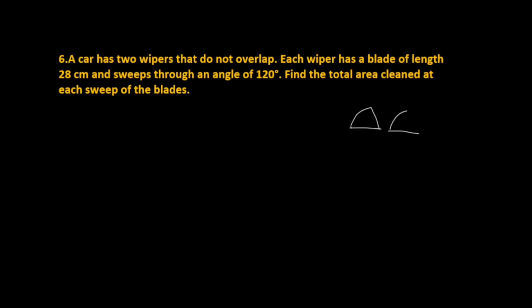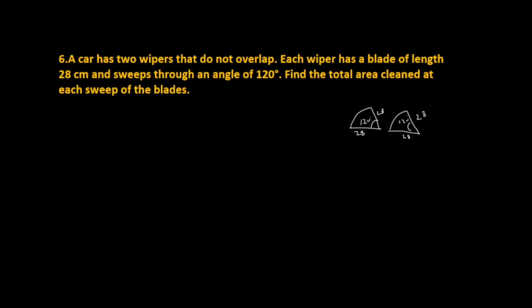This is another wiper position. The wiper length given 28, both 28, and the angle covered by the wiper is 120 degree. Find the total area cleaned at each sweep of the blade.